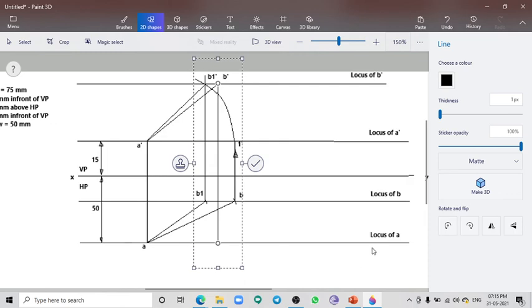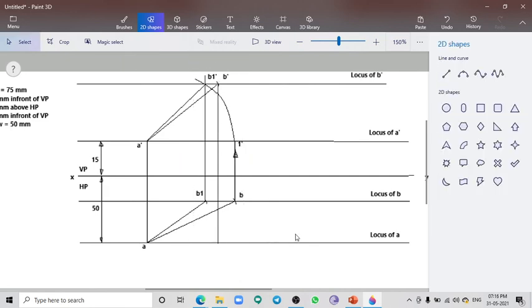A locus given in the question, and that locus should also act as the starting point of our lines. So this locus of A is given in the question, the locus of B is also given, but that is not the starting point. Okay, that is the end point of our line, and they are separate. So the locus of A is the common starting point. So we have to project up to the locus of A.